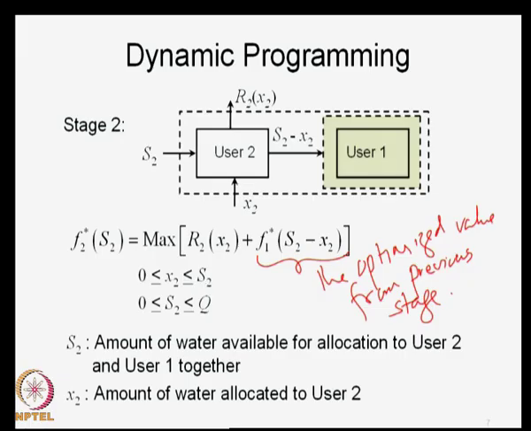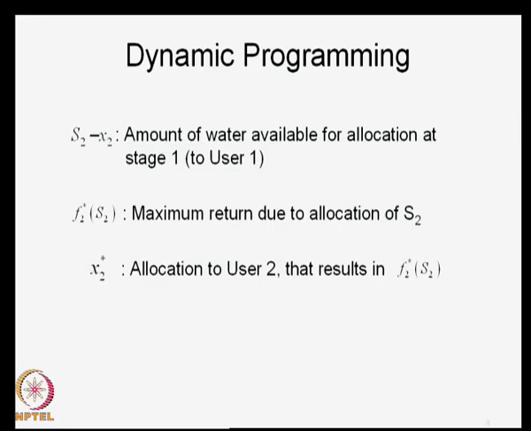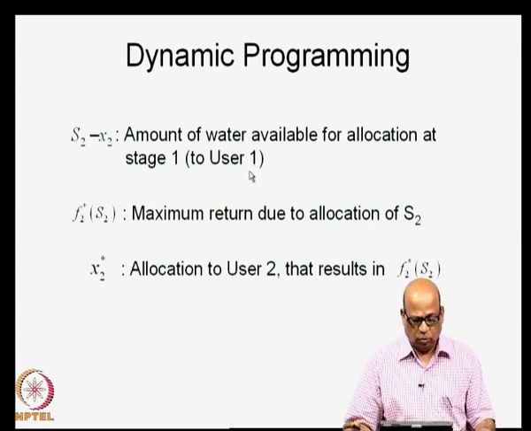Now, stage 2 computations. Computation is a big word for this; simple calculations is what you understand correctly. Then any number of stages you can formulate for a given problem. So, S2 minus x2, as I said, will be the amount of water available for allocation at stage 1, and in stage 1 we have only one user. So, that is user 1.